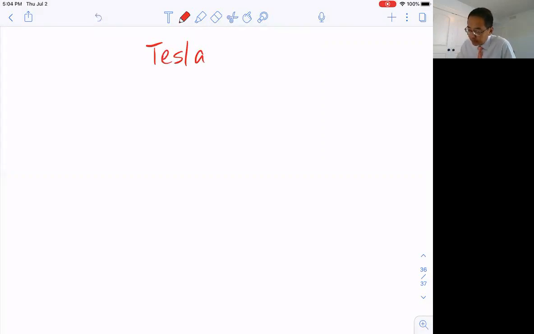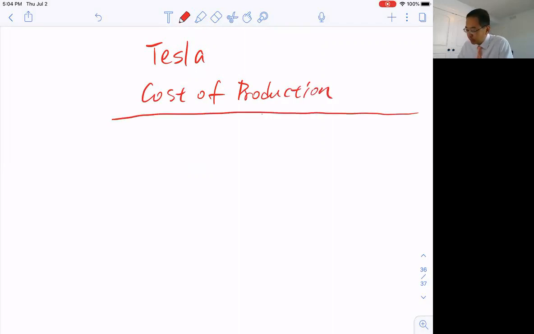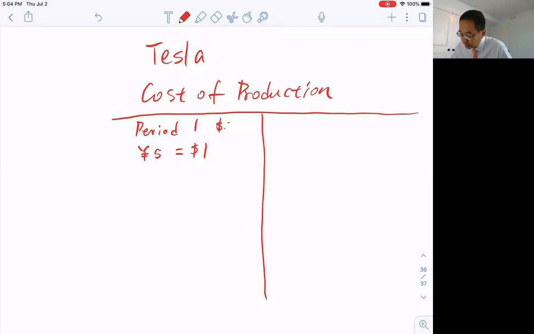Now if we look at Tesla's cost of production, let's say we're going to compare two time periods where there's some kind of change in the exchange rate, right? The first one is period 1, during which, let's say, it's 5 yuan equals $1, or another way to look at this is $0.2 per yuan, either way.